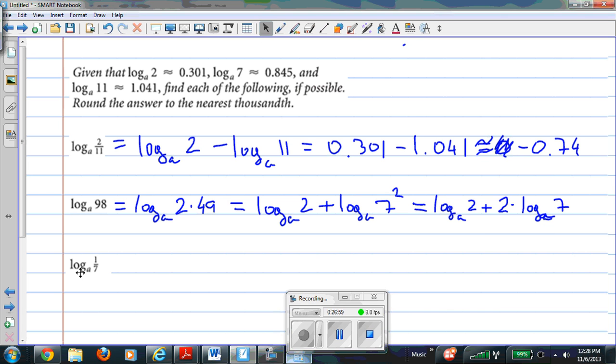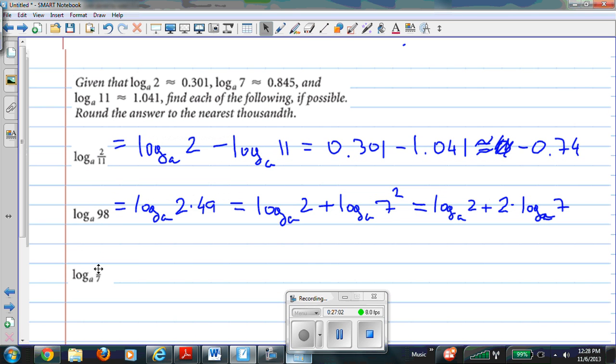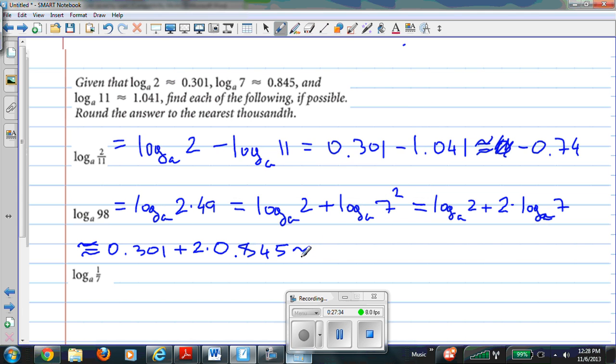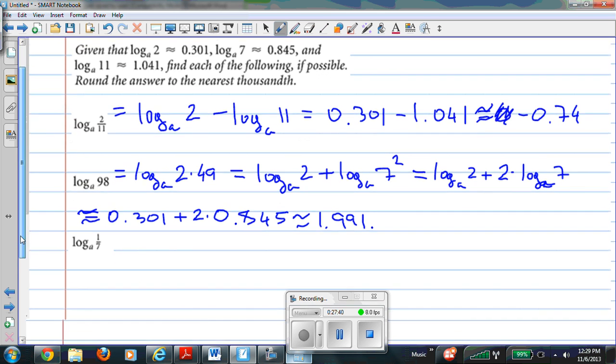Now I can compute the rest of that, because log base a of 2 is given as 0.301 plus 2 times log base a of 7, which is 0.845. I can plug it in my calculator at this point. 0.301 plus 2 times 0.845 equals 1.991. And that's it.